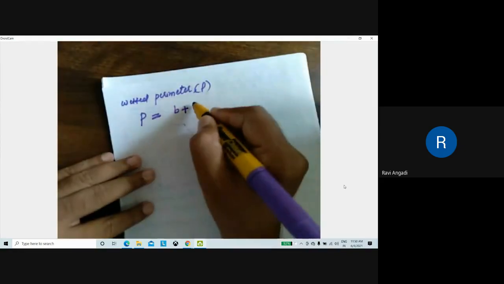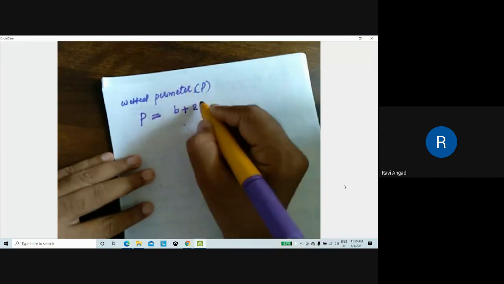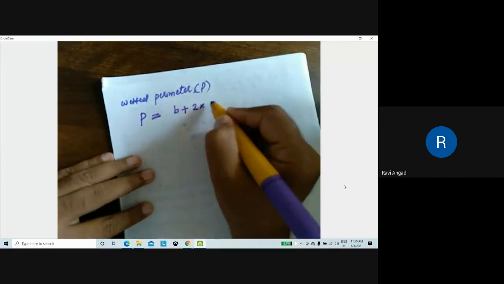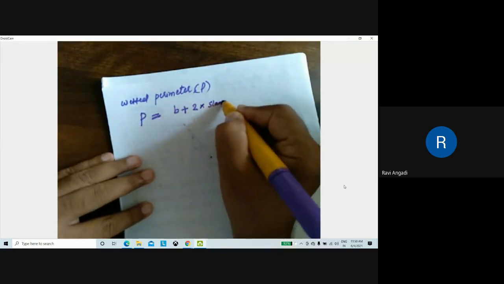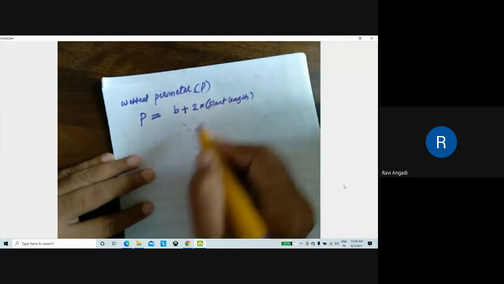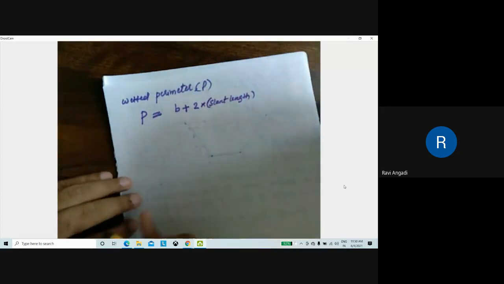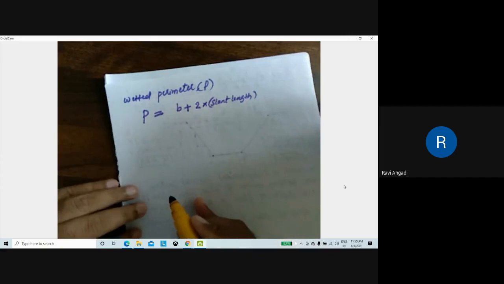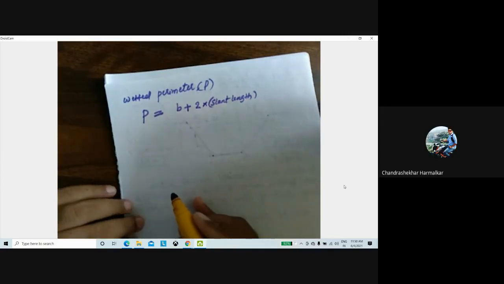B plus 2 times the slant length, correct? Yes, sir. 2 times the slant length means that sloping length. All of you agree for this one? Yes, sir.